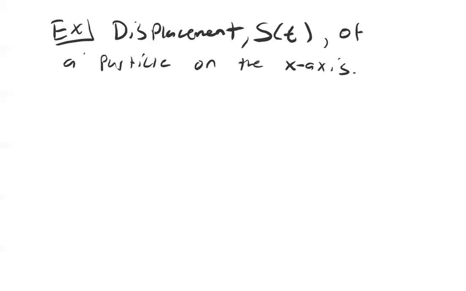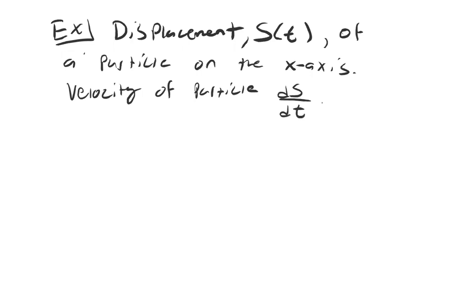Then the velocity of the particle, velocity has units of meters per second, so s of t has units of distance, is going to be the derivative of the displacement with respect to time.